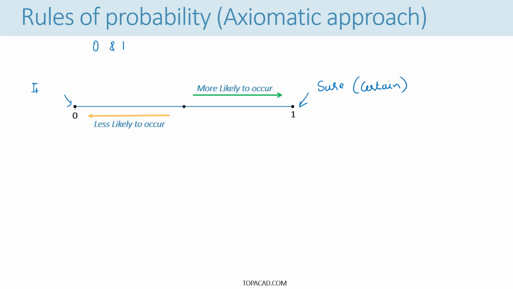If the probability is 0, it's called an impossible event, which will never occur. So, as the probability approaches 1, it means that the event is more likely to occur. Similarly, if the probability of an event is approaching 0, it means that the event is highly unlikely to occur.